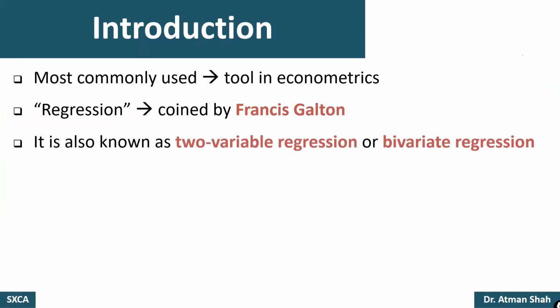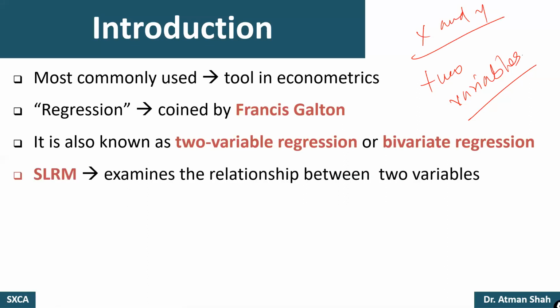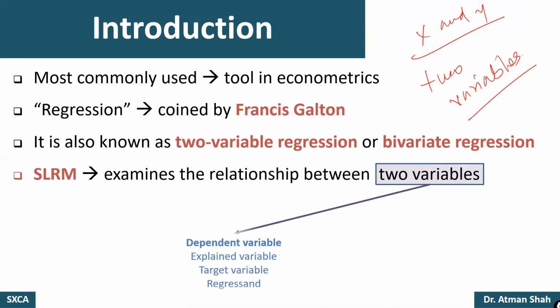So the simple linear regression model is also known as two-variable regression or bivariate regression. Here we have two variables, X and Y. So the simple linear regression model examines the relationship between two variables.